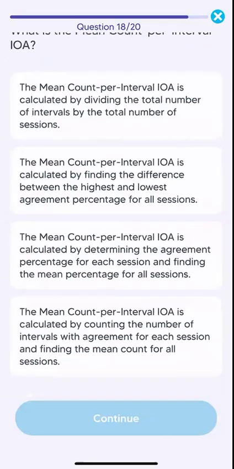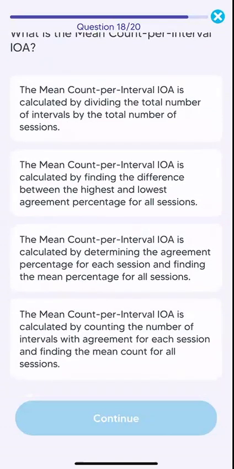I'm reading. The mean per interval is calculated by dividing the total number of intervals by the total number of sessions. The mean per count is calculated by finding the difference between highest and lowest and agreement percentage of all sessions. It could be the second one. Let me read.